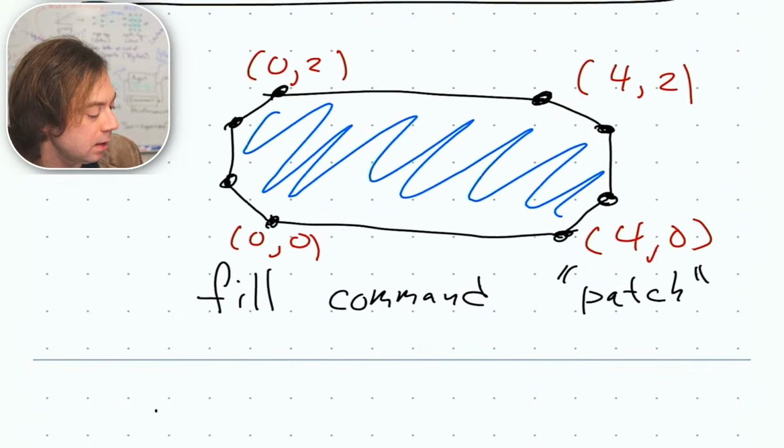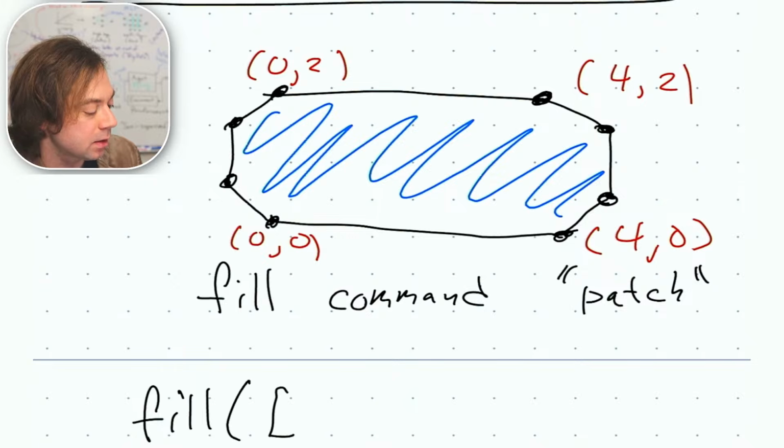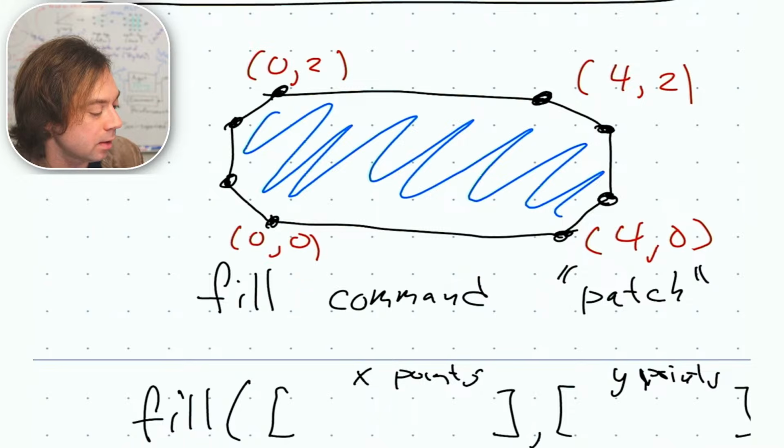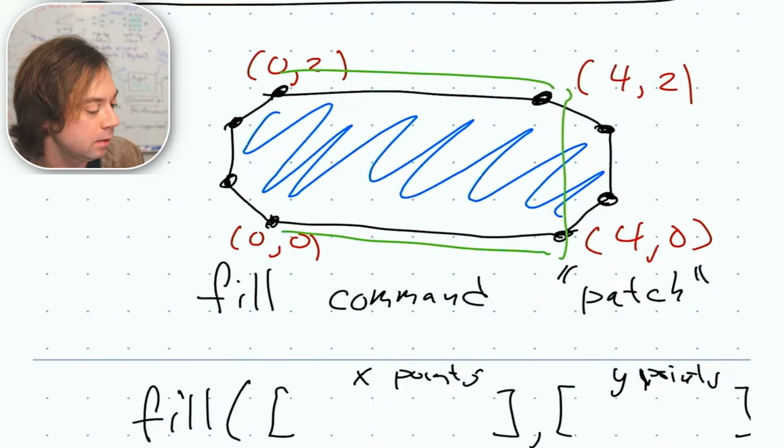For the fill command, you say fill, and you have a list of all your X points, just like plotting them for the plot command, and then all of your Y points in the order that you want to draw them. So 1, 2, 3, 4. It will draw these lines in order and then fill everything in the middle.